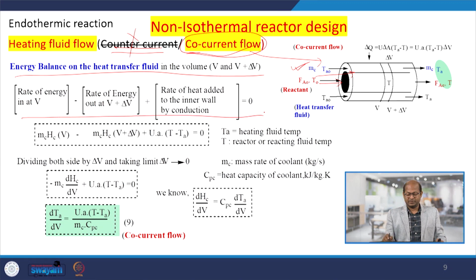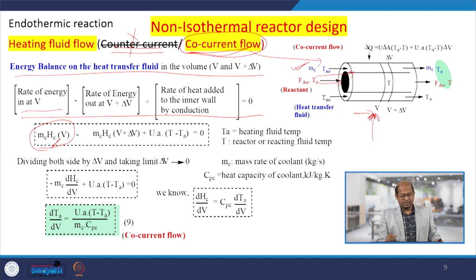So for heat transfer fluids, if it is co-current, then the rate of heat energy in within this particular volume equals the mass flow rate of the coolant multiplied by its enthalpy at that particular volume.